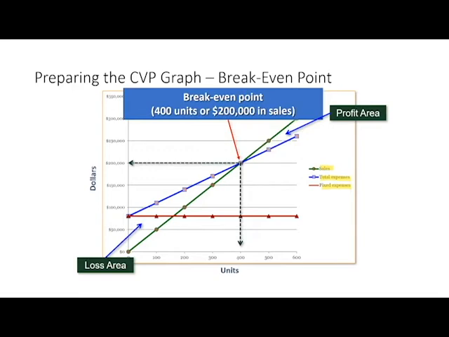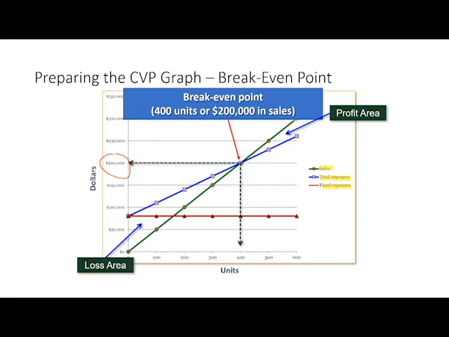So here is the break-even point. You can see the break-even point is at the level of 400 units, and a total of 200,000 of sales.